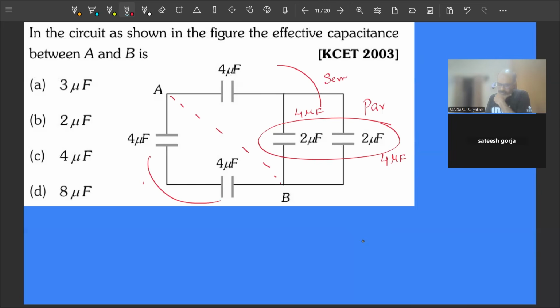This 4 connected in series becomes 2 microfarad. This 2 connected in series becomes 4 microfarad. So we get the diagram like this. These two microfarad and these two microfarad are all connected in parallel. So the answer becomes 4 microfarad.